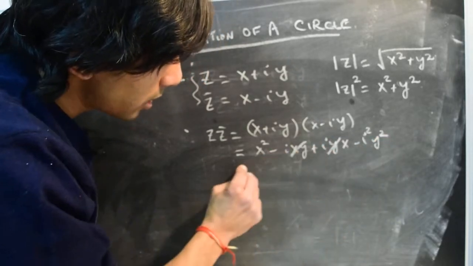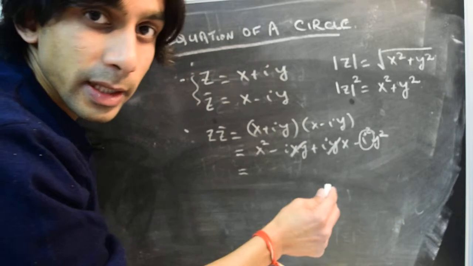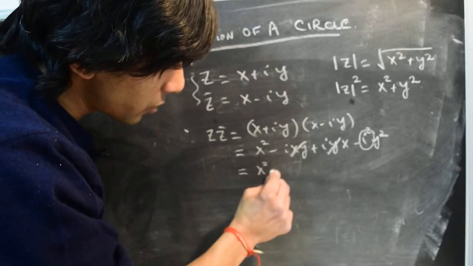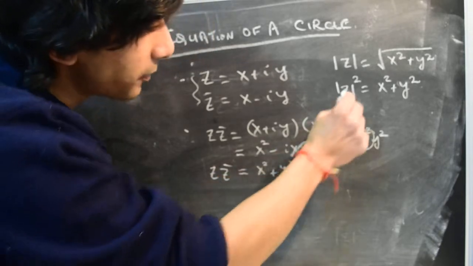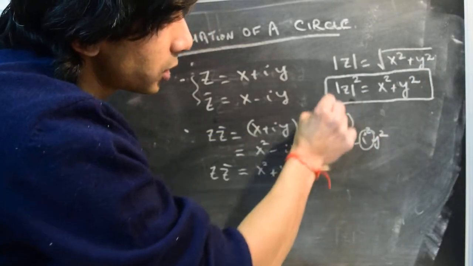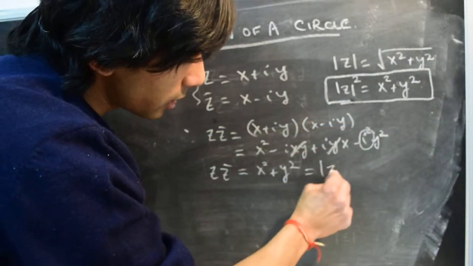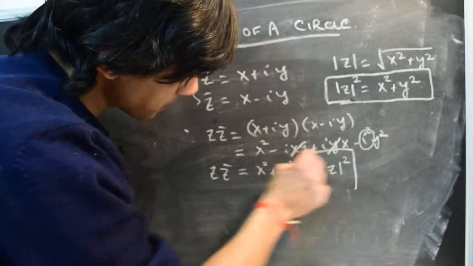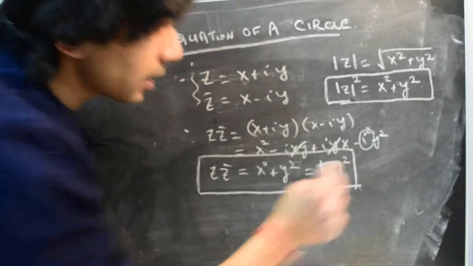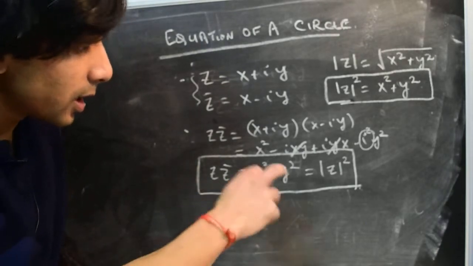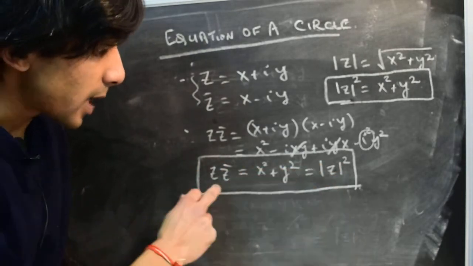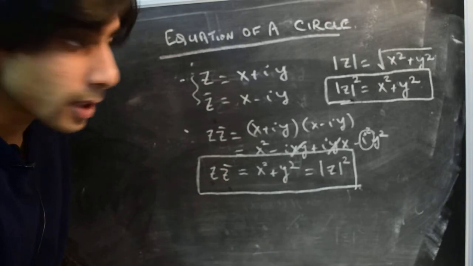This cancels out. i square is minus 1, and so this gives us x square plus y square. And from here we know that modulus of z square is actually x square plus y square, so this is modulus of z square. So this is a very useful relation to remember: modulus of z square is z times z conjugate.